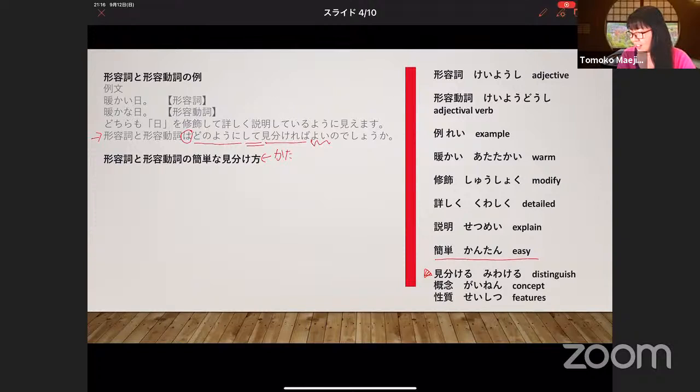So it's the easy way of distinguishing the adjectives and adjectival verbs.